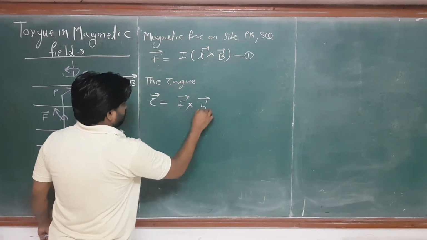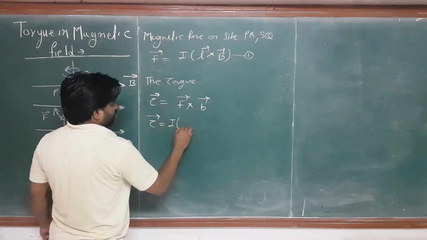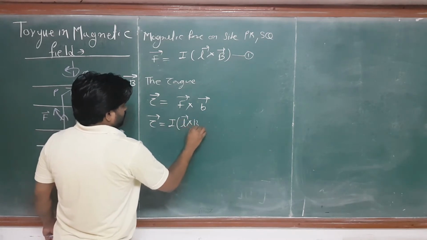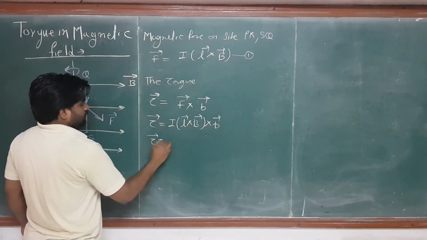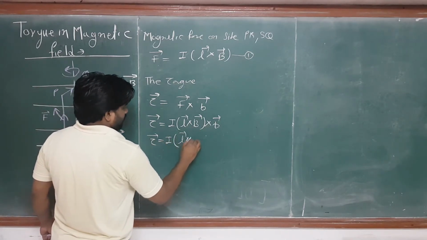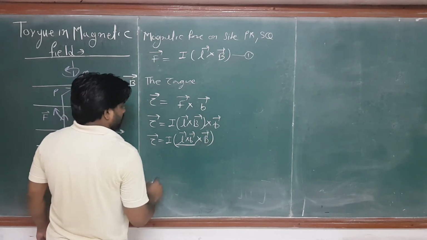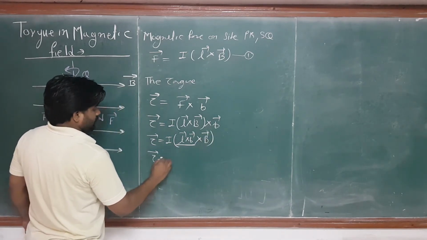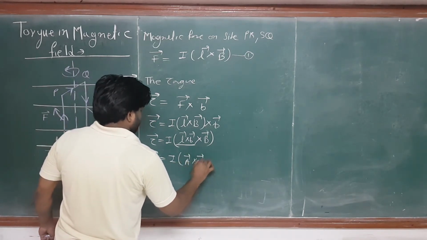So vector tau is equal to F times b, where F is I vector L cross vector B. So I can write I, L and b, which become the area. And this vector L times b becomes the area: I vector A cross vector B.